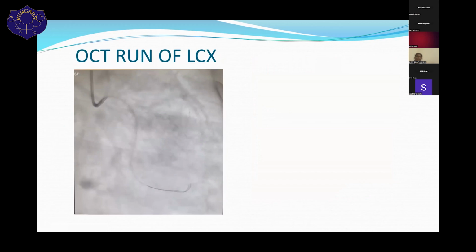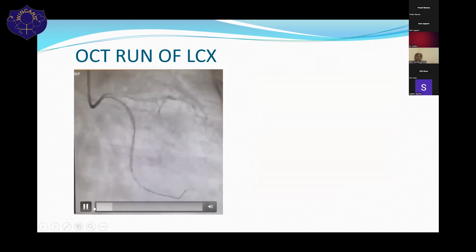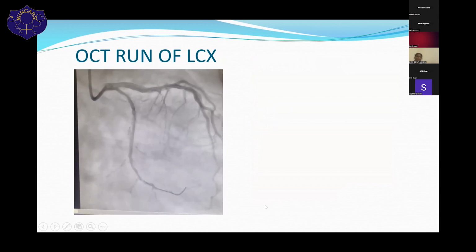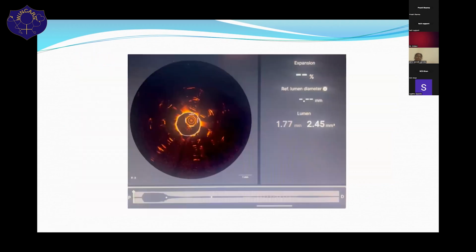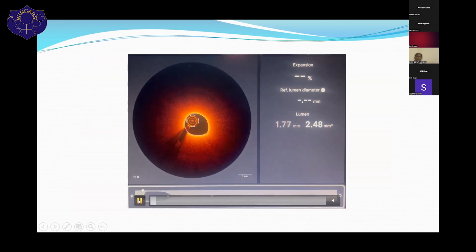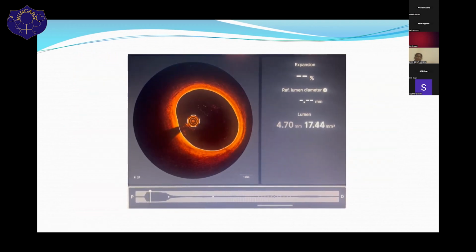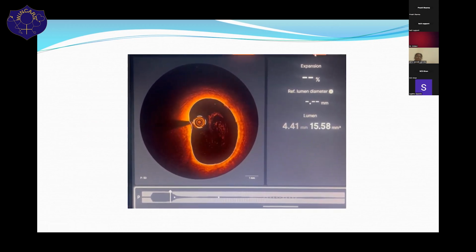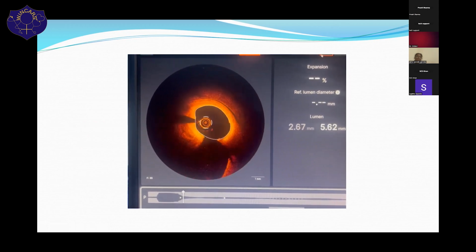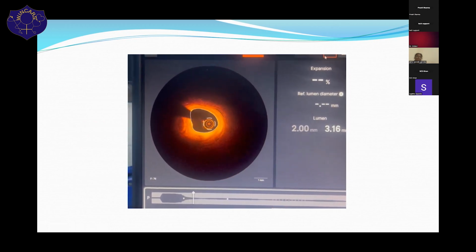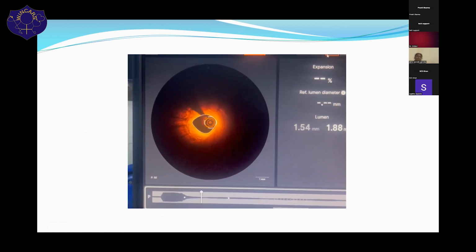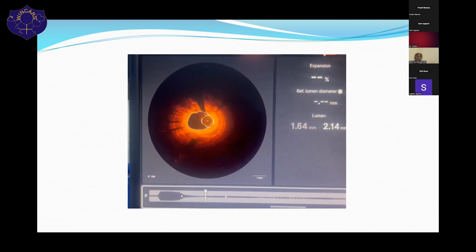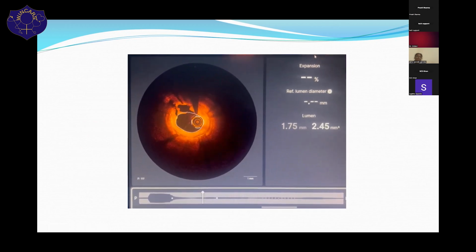And then we took an OCT run of the left circumflex artery. So this is the OCT run. I'm running it from proximal to distal. So this is the left main, which was normal. LCX, proximal LCX, there was disease with neointimal, a combination of neointimal hyperplasia and neoatherosclerosis.